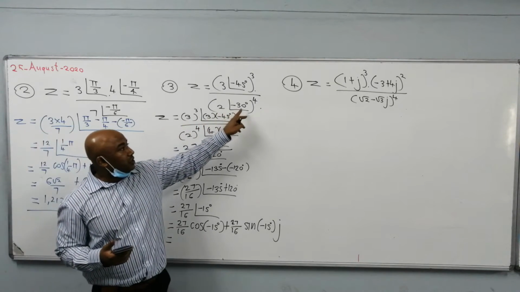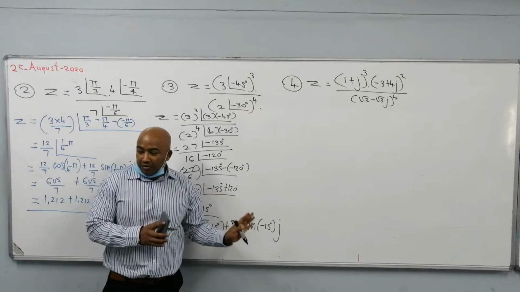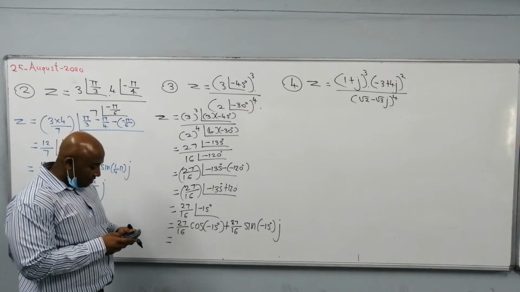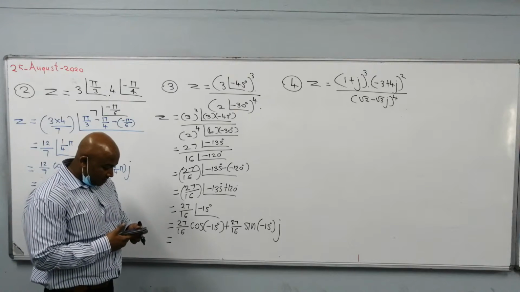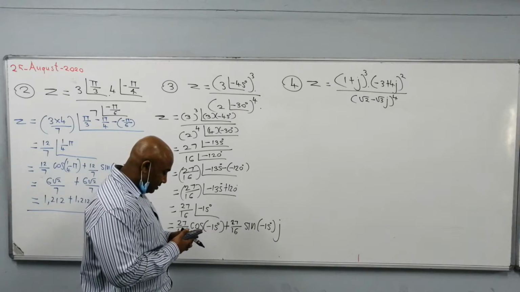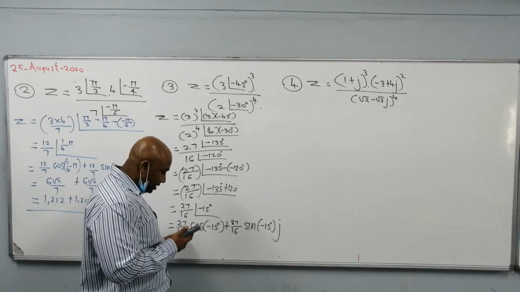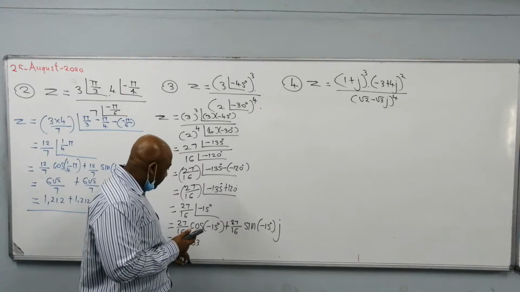Remember, we have gone back to degrees. So your calculator, you convert it to degrees before you do the calculation. So that's 27 over 16. So that will be cos of minus 15 degrees, which is 1,63.